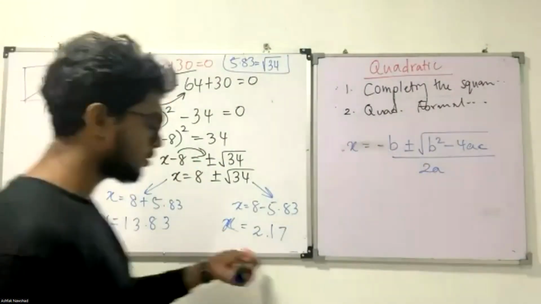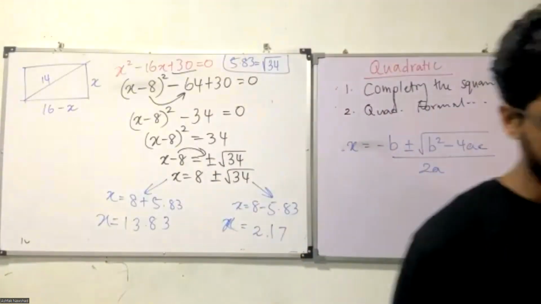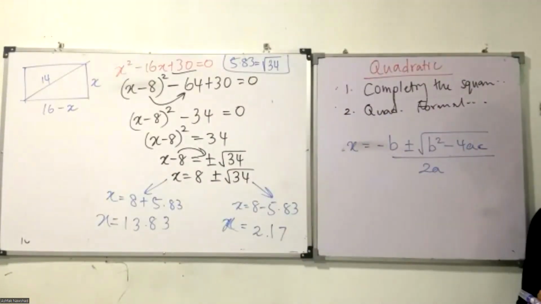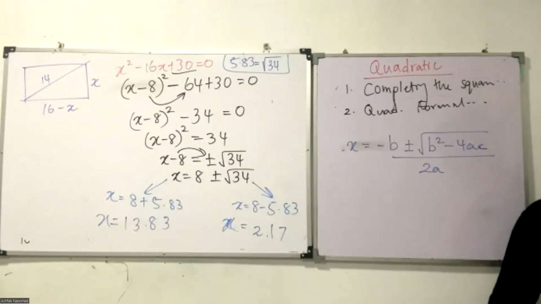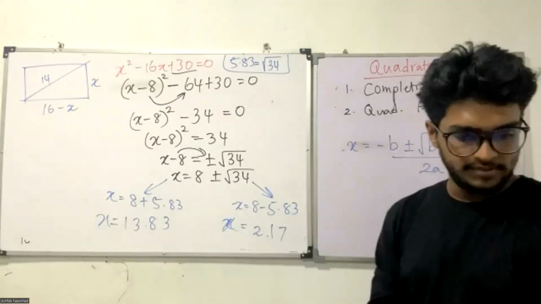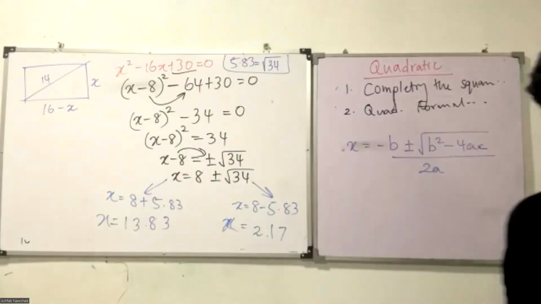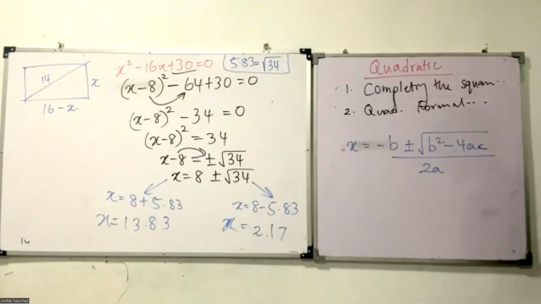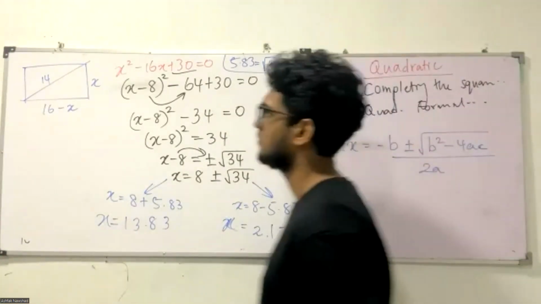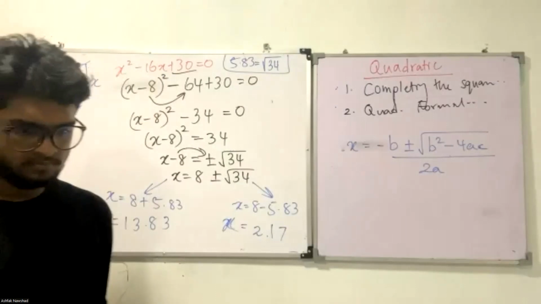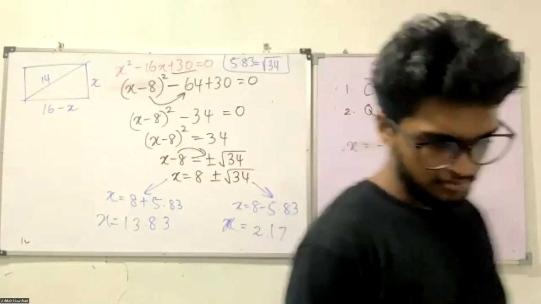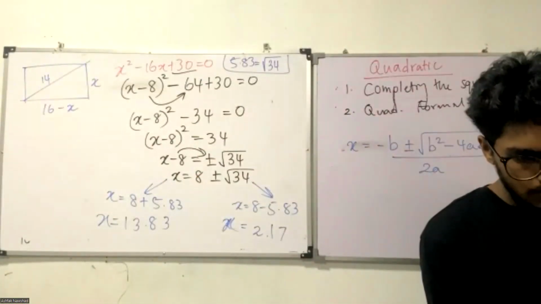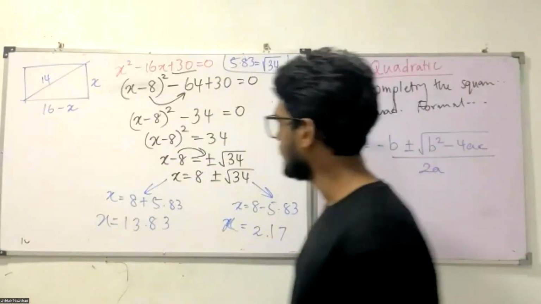So why have we got two answers? What's the reason? Can anybody tell me? Both answers are correct. What's the reason? Let me know in the chat. Yeah, that's a quadratic equation.